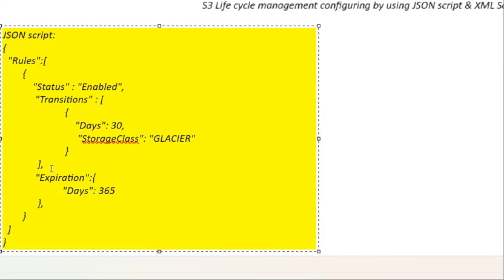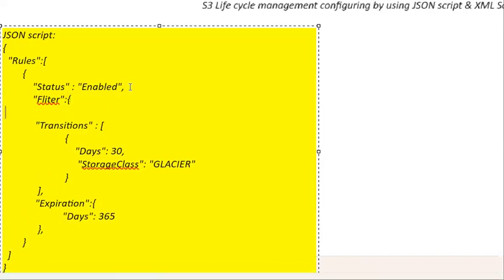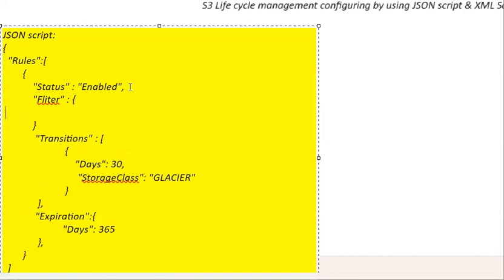Now, let's say I want to filter my objects based on prefix. So how can we write that here? If you want to write a filter, then add Filter here like this, and within the curly braces, this is also declared in the same way. You need to specify what prefix you want to use to filter your objects.